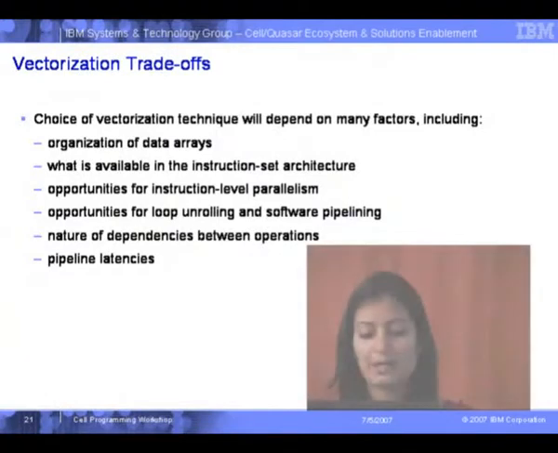Or, in one vector you store all x values, so x0, x1, x2, x3. There will be a list of vectors that contain only the x values, a list that contain only the y values, and only the z values. Depending upon how your computation is done and which manner is simpler for you, you can pick your approach. There are opportunities for loop unrolling and software pipelining, as we discussed.